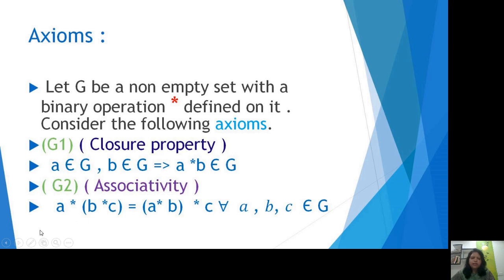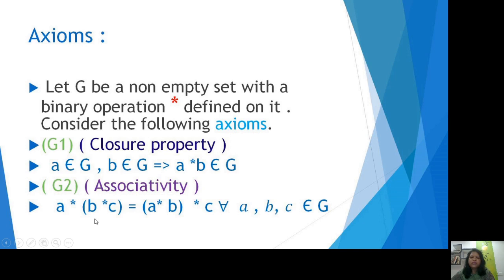Here we have taken three numbers a, b and c, and on the LHS the star operation is taken on the last two elements first, and then the star operation again on the first element and this result.